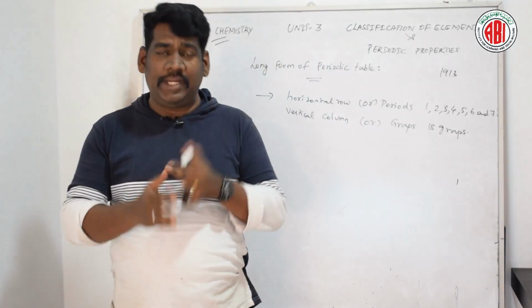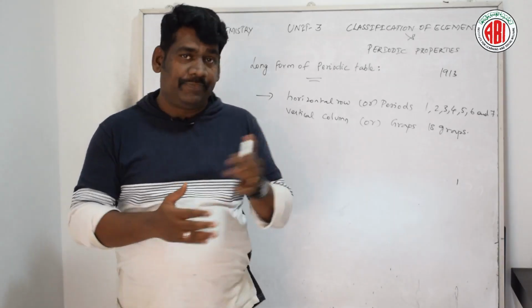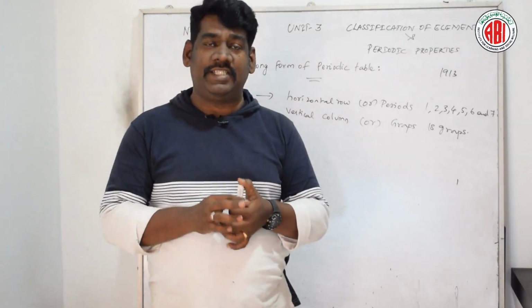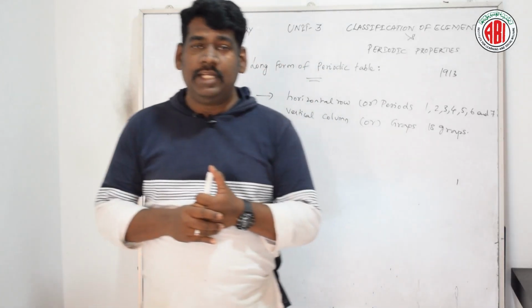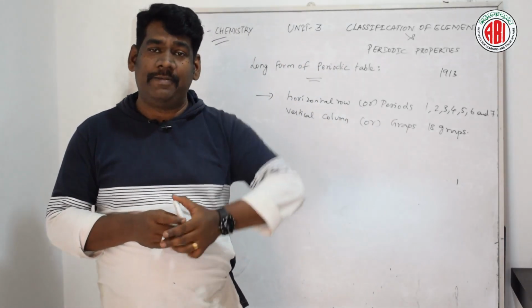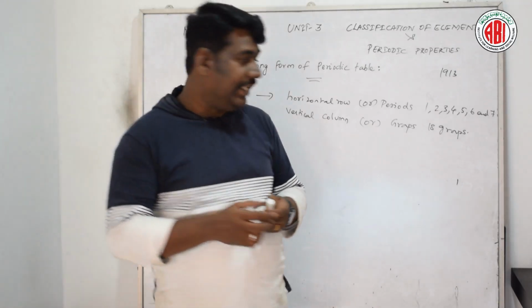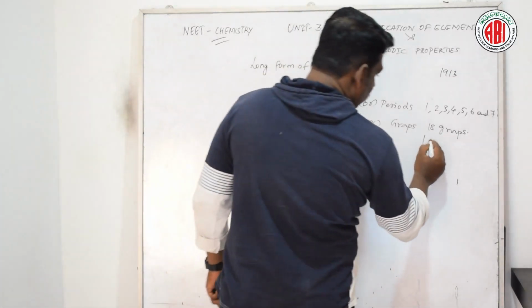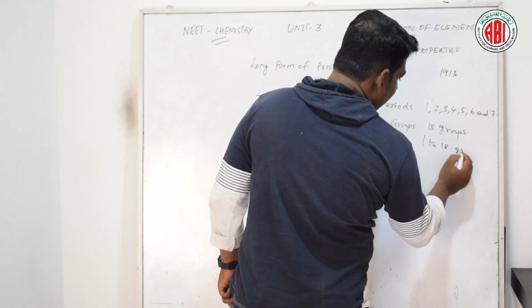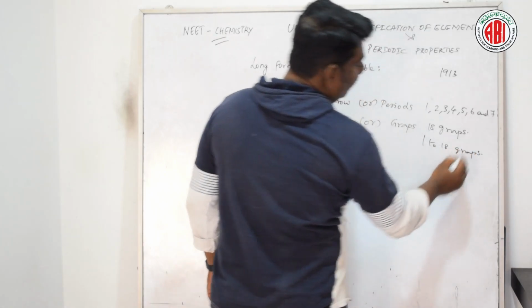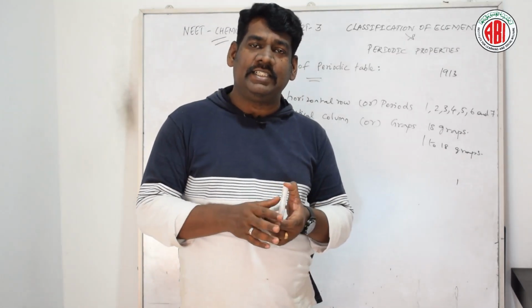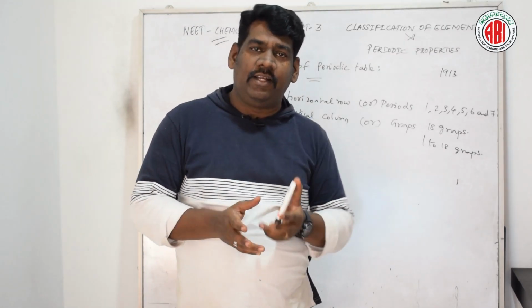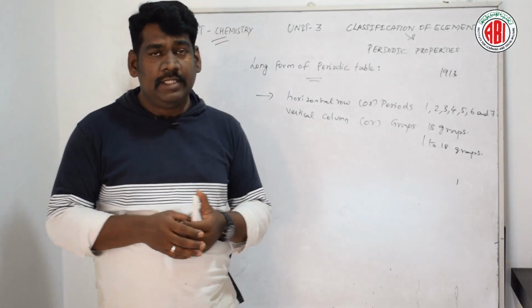According to the new recommendation by IUPAC, the International Union of Pure and Applied Chemistry, the groups are numbered from 1 to 18. So these were discussed in detail in the long form of the periodic table. Now let us talk about these periods.